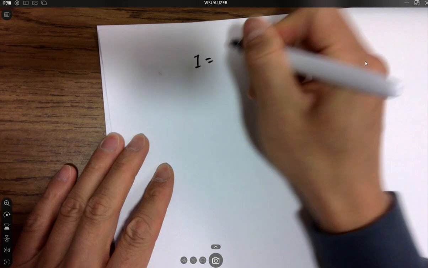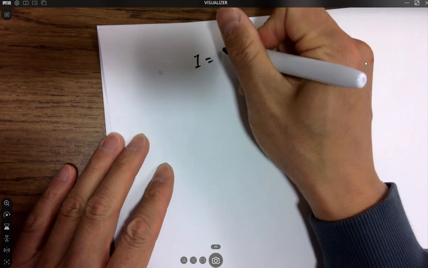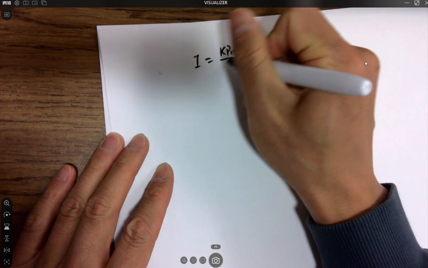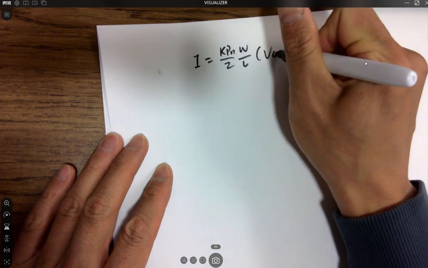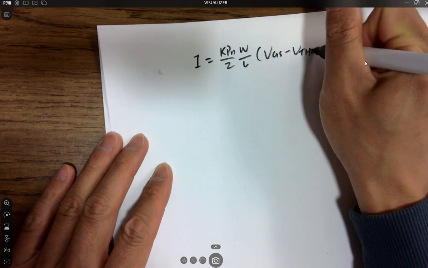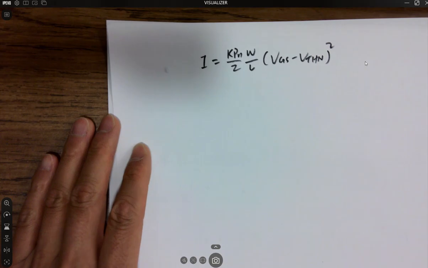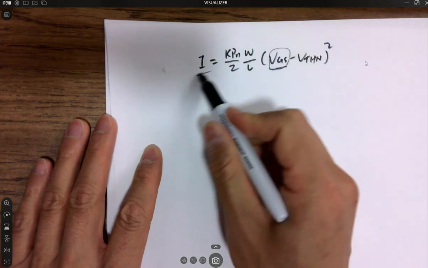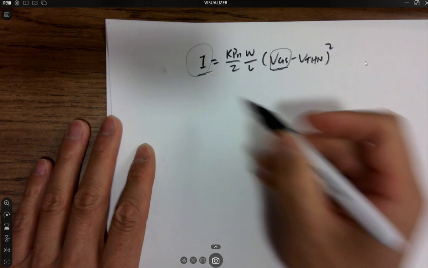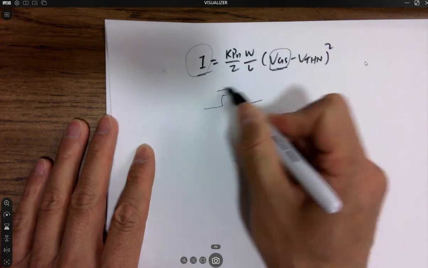It's I equals KP_N, where N is for the NMOS, times width over length, times (VGS minus VTH_N) squared, right? So if your VGS changes, the current changes, and the channel resistance of the NMOS or PMOS also changes.